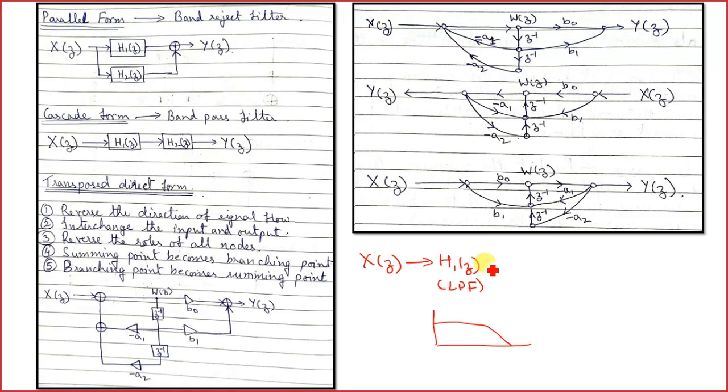Next, we pass the signal to the next subsystem, which is H2(z), which is a high pass filter, and its cutoff frequency is lower than the low pass filter.